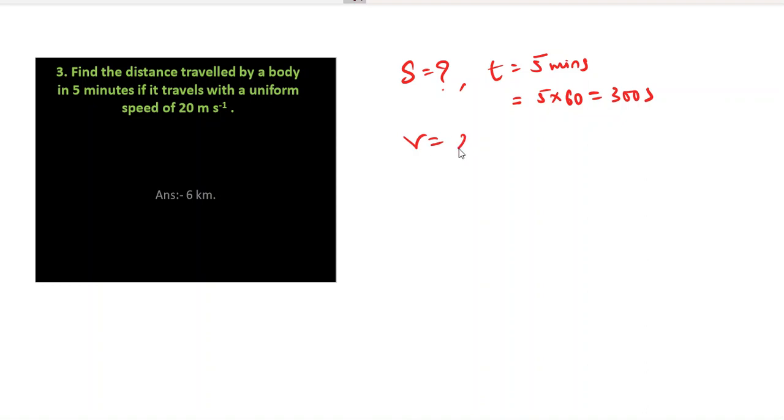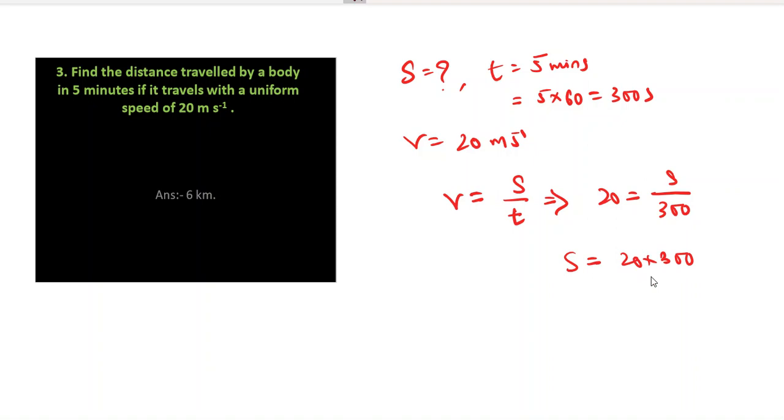Use the formula speed is equal to distance upon time. That is 20 is equal to S by 300. So S is equal to 20 into 300, which is 6,000 meter, which is nothing but 6 kilometer.